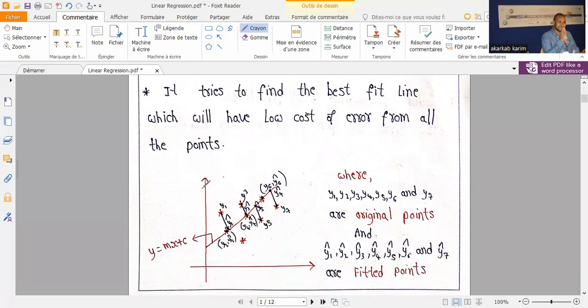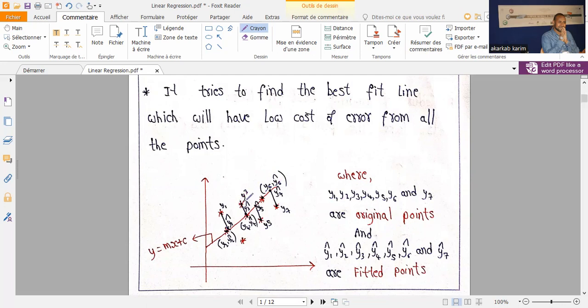Here in this graph, we have the equation y equals mx plus c. This equation represents this line, and the goal is to find the best line. In this graph, we have 7 points: y1, y2, y3, y4, y5, y6, y7. These are the original points.